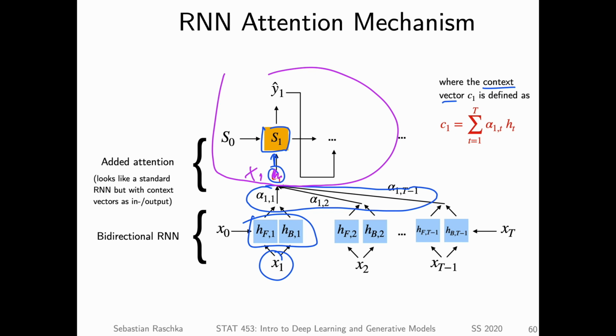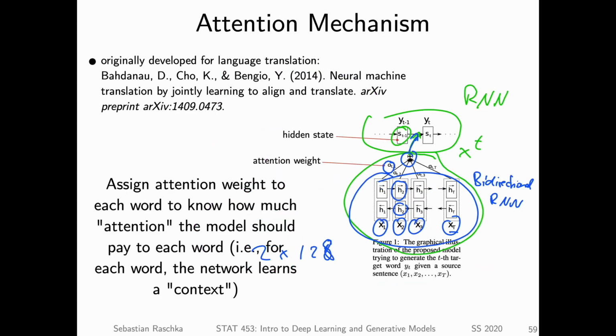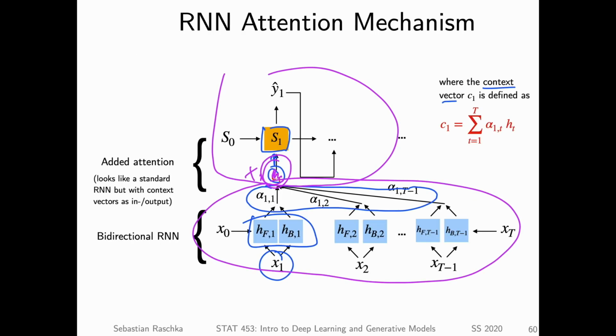So all that is new is the context vector here, and the whole way the context vector is computed. Like I showed you in the previous slide, there's the summation term, where we sum up all the weighted hidden activations to form the context vector. So the context vector is a weighted sum of these weighted activations.